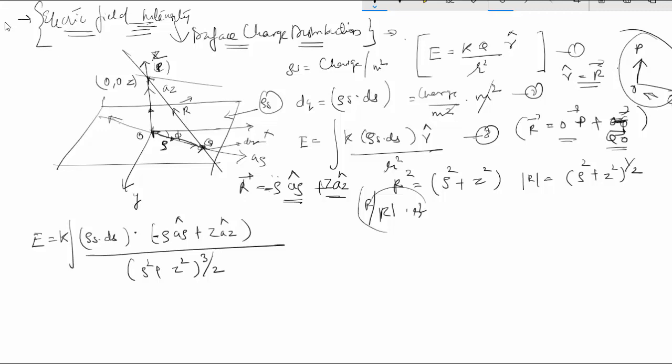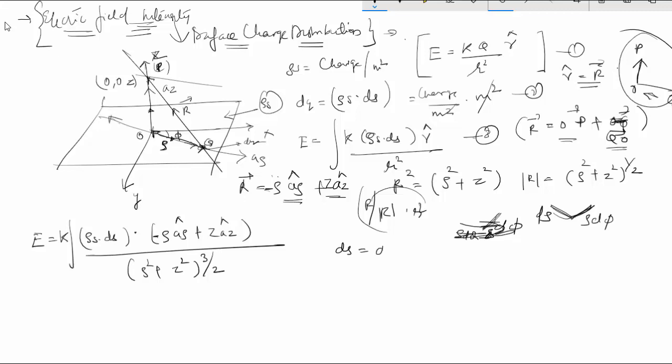And your ds can be written as, if this is my angle phi, your area will be made up of two components. One is rho d phi and the other is d rho itself.